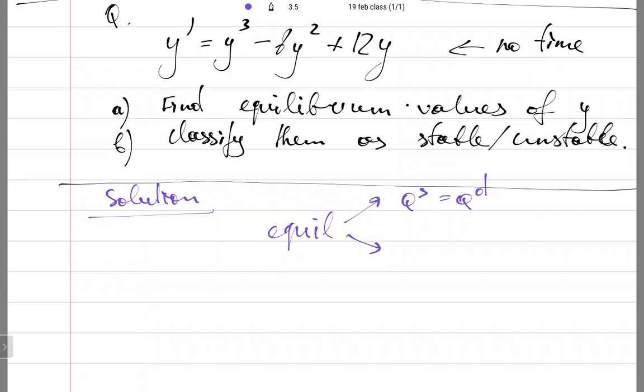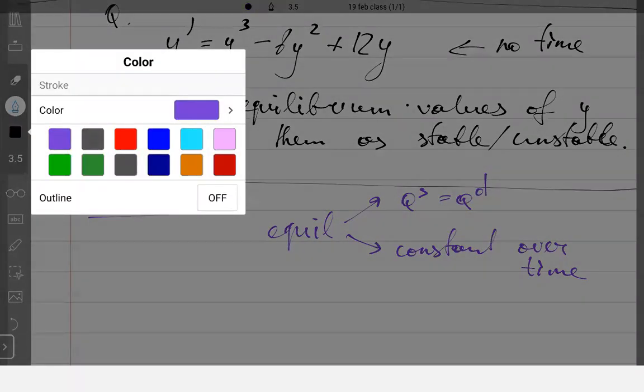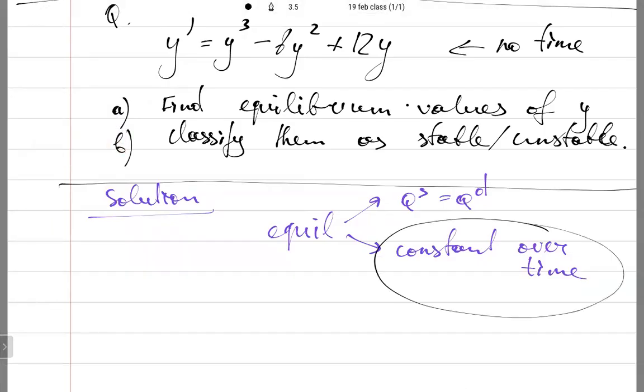So there is another interpretation of the word equilibrium. Equilibrium is a state that is constant over time. It means constant over time. So there are many meanings of the word equilibrium, but in my case, I'm interested in the second one.